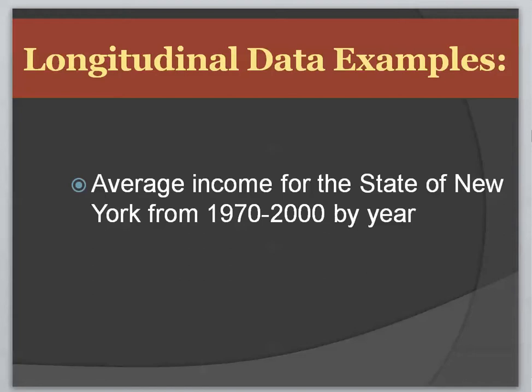Isn't that cross-sectional? No, it's not. The reason is that the way this is phrased, 1970 to 2000 by year, means that you're going to press the button on that magic camera every year from 1970 to 2000, and you're going to get different measurements of the landscape when it comes to average income each year.